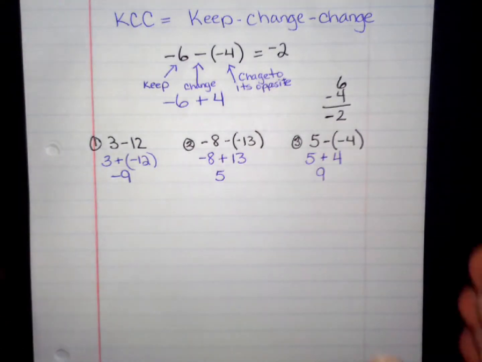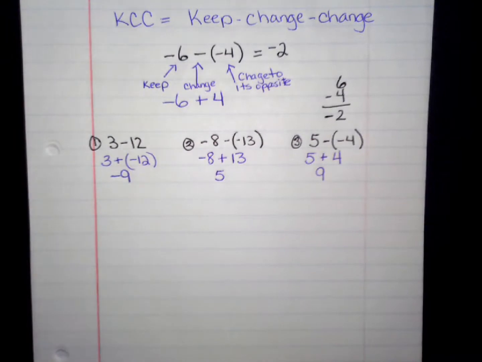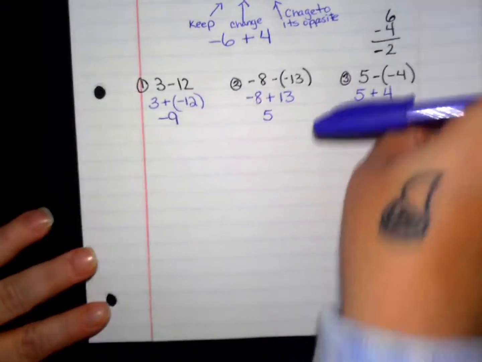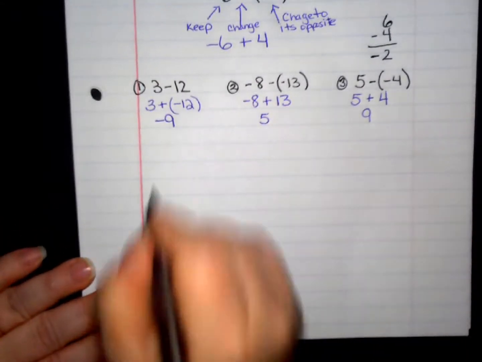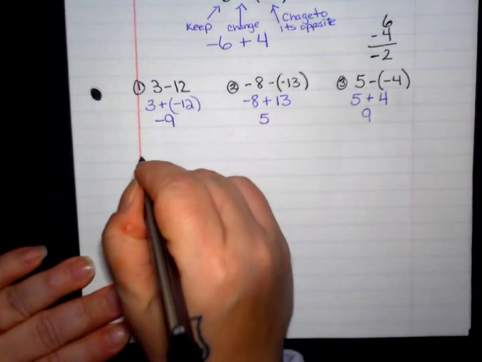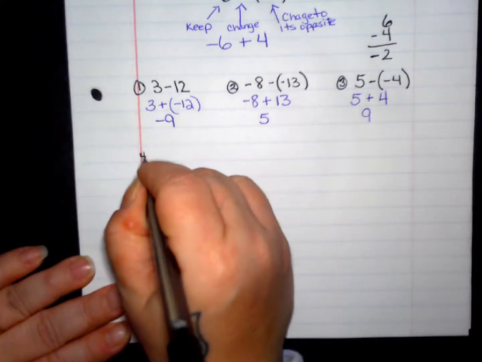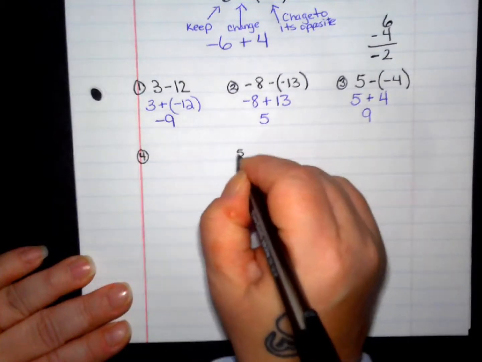So subtracting, we're not subtracting. We're changing, keep, change, change. And then we follow the rules for adding. All right, I have 3 more that we'll do together, and then I'll give you a couple to do independently. Okay, so let's go with number 4, 5, and 6.